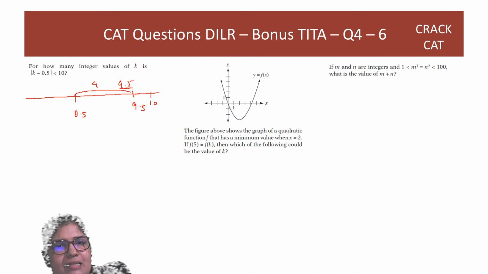So 9.5 is less than 10. But 10, 11 will not work because then the distance becomes 10.5. The distance has to be less than 10. So starting from 1, ending with 10, there are 10 possible positive integers.